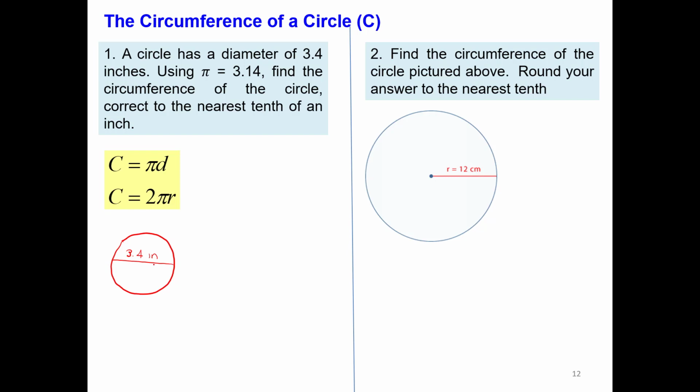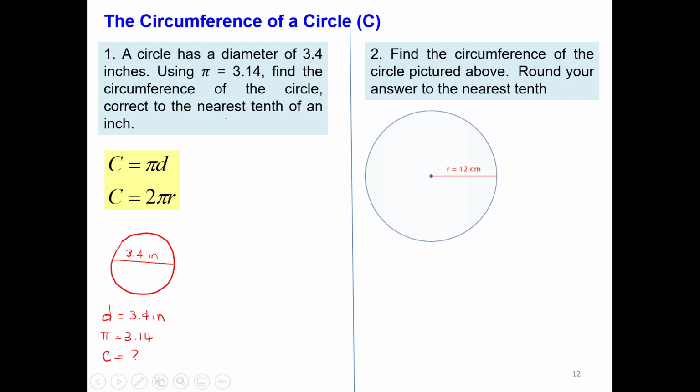In this case, we know the diameter. Then we can write here the diameter equals 3.4 inches, and the pi value is 3.14. We want to calculate the circumference, which we don't know, and we want to correct the value to the nearest tenth. We will do this part at the end.